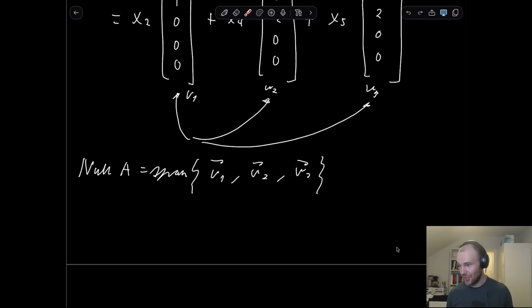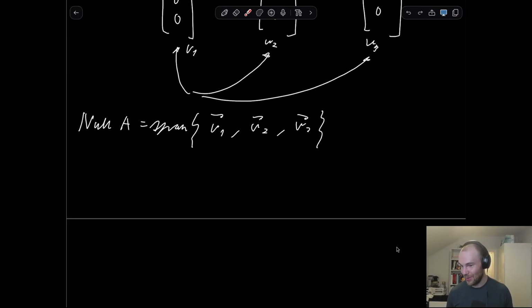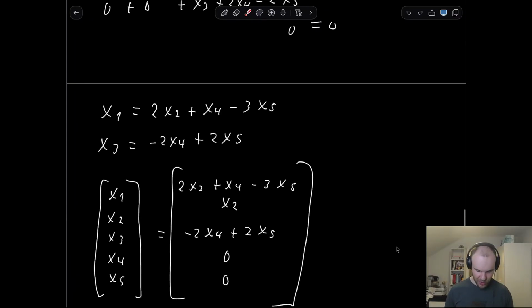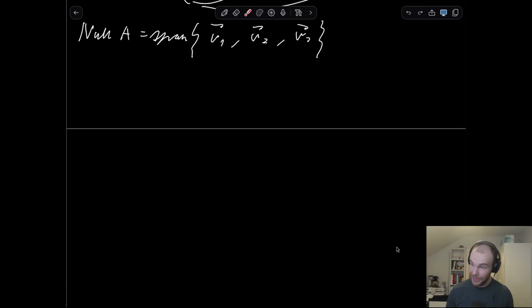So our number of basis vectors is equal to the number of free variables, which is pretty cool, right? Okay, and this was also in reduced row echelon form. That's also important, right? But that is how you find the null space. And now we have an explicit definition, right? Okay, pretty cool.